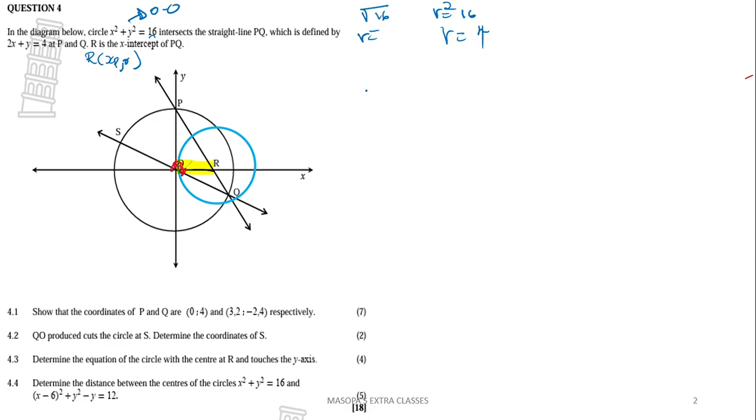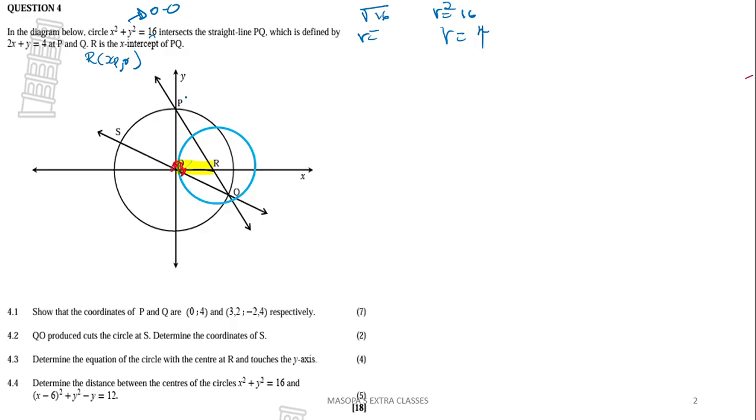Okay, now they say that in 4.1 we must show that the coordinates of P and Q are (0, 4) and (3.2, -2.4) respectively, meaning that we need to get the coordinates of P and Q. But before you go on, you can see in your diagram that what is important about P is that P lies on the y-axis, meaning that x is 0.